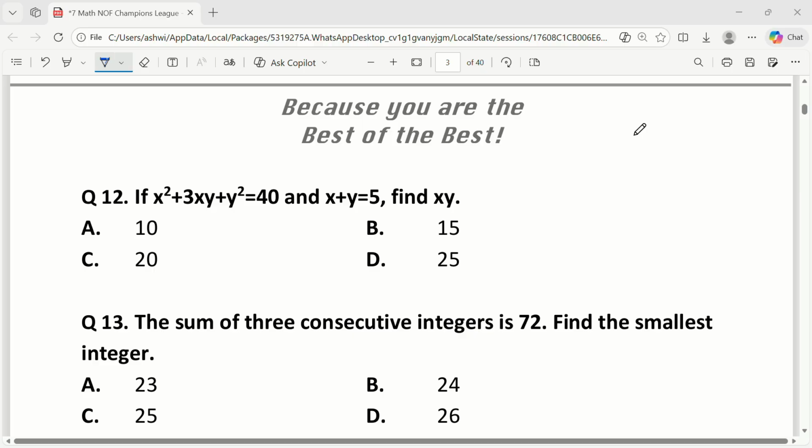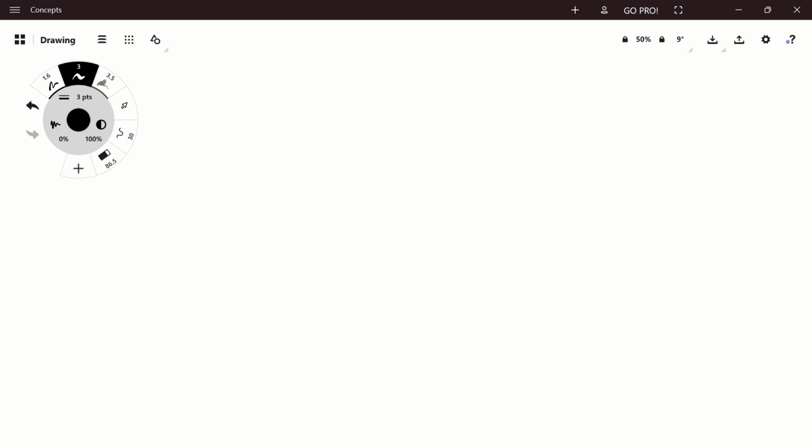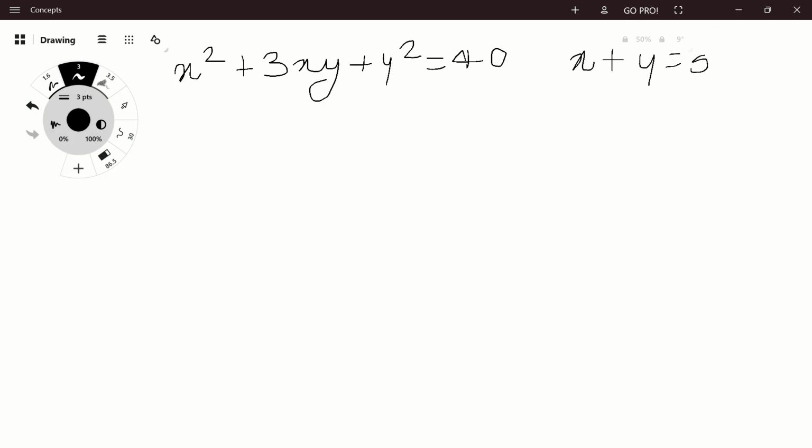Question number 12. If x square plus 3xy plus y square is equal to 40 and x plus y is equal to 5, find xy. The given equations are x square plus 3xy plus y square equal to 40 and x plus y is equal to 5.